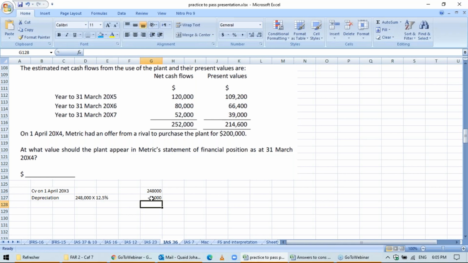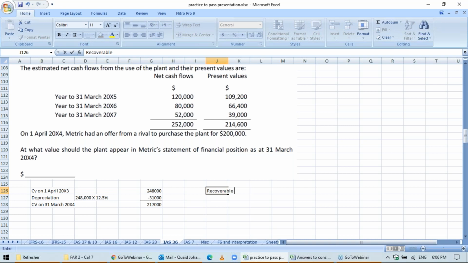This makes 31,000. Now deducting the depreciation brings the carrying value down to 217,000. Now this is the carrying value on 31st of March 20x4. Now we'll compare this carrying value with the recoverable amount.